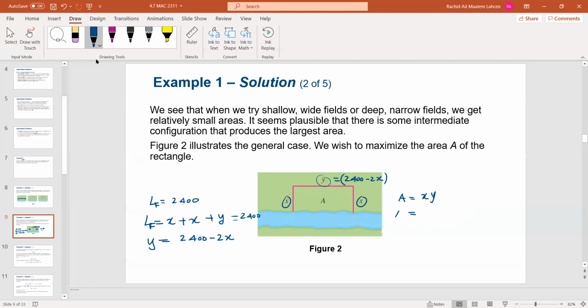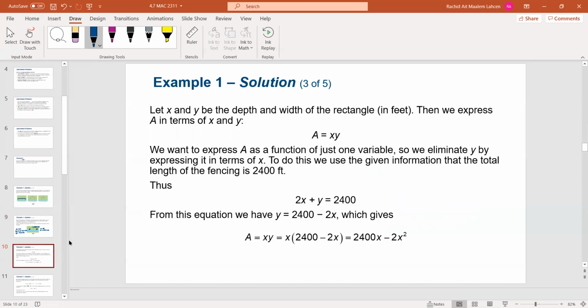So A is x times 2,400 minus 2x. Let's look at it here. You have A is xy, and if you have an x here, then this must be x, and what's left here is 2,400 minus 2x.